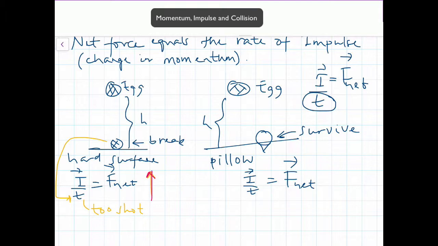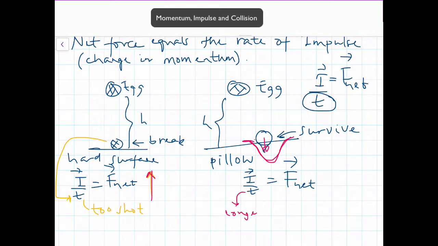On the other hand, here the contact time between the pillow and the egg is longer, because the pillow is a deformable object as the egg falls.